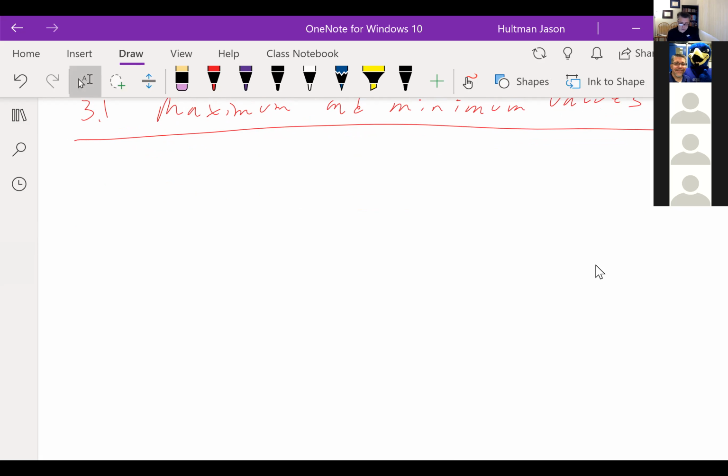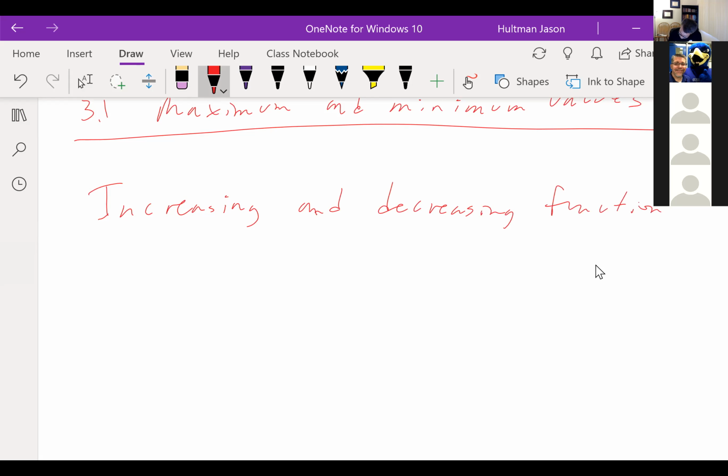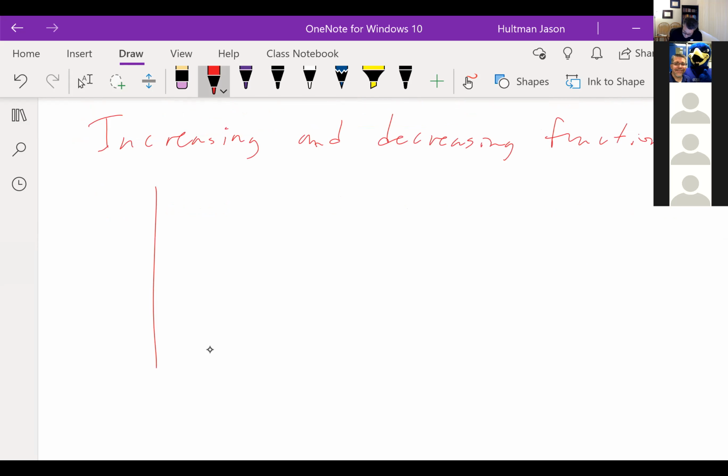What happens when functions increase and what happens when they decrease? Increasing and decreasing functions. Get rid of this so it doesn't slow down my internet. There we go.